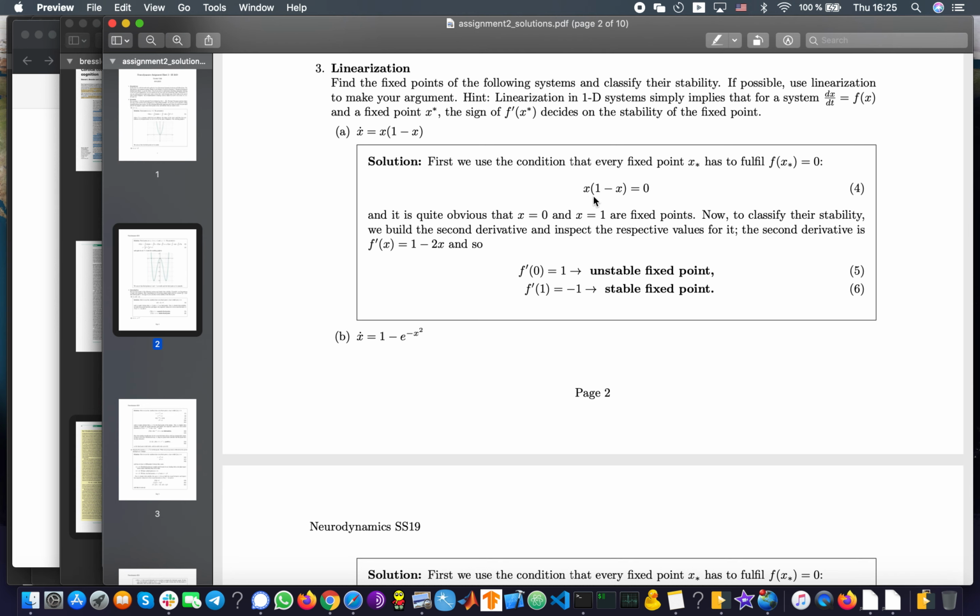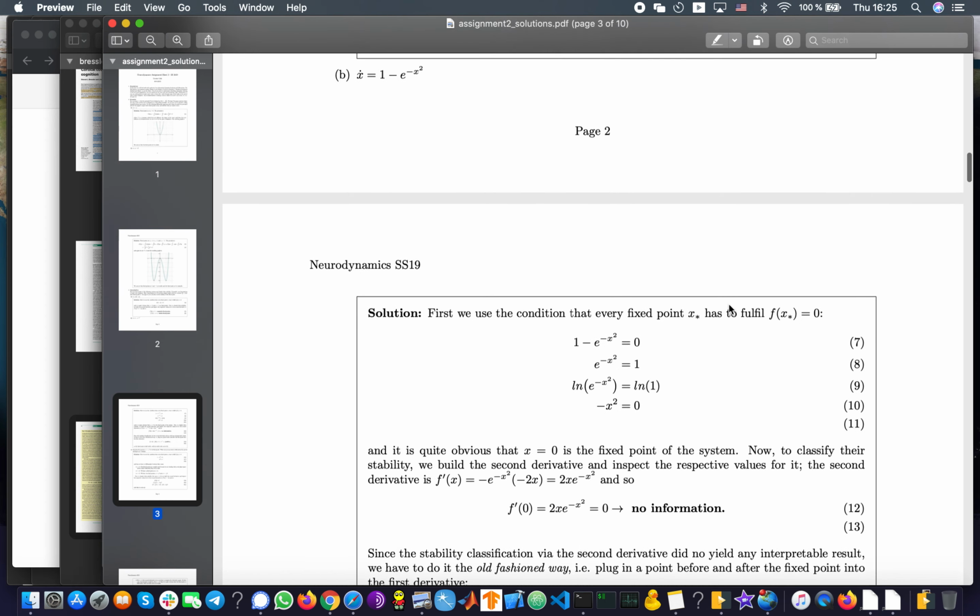Then we take the first derivative of it. You can see that x equal to 0 and x equal to 1 are the fixed points, and the first derivative is 1 minus 2x, and f prime at 0 and 1 gives 1 and minus 1. If it is positive, then it is an unstable fixed point, and if it is negative, then it is a stable fixed point, right?